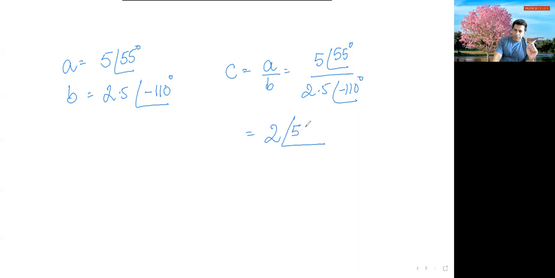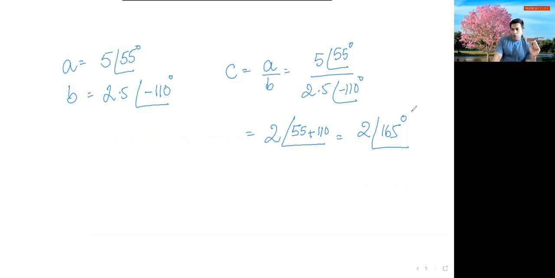So 55 minus negative 110. Minus negative 110 becomes plus 110. So your final result is going to be 2 angle 165 degrees, right? 165 degrees. And that will be your result.